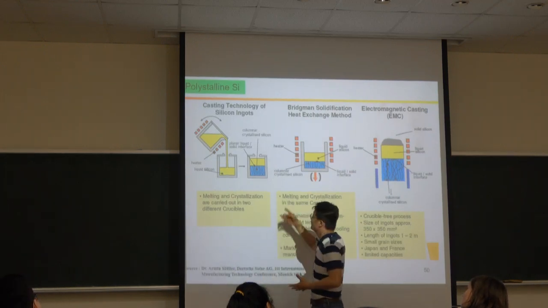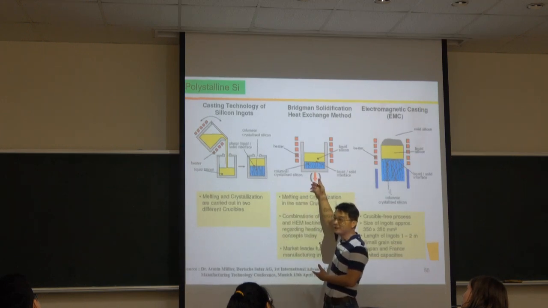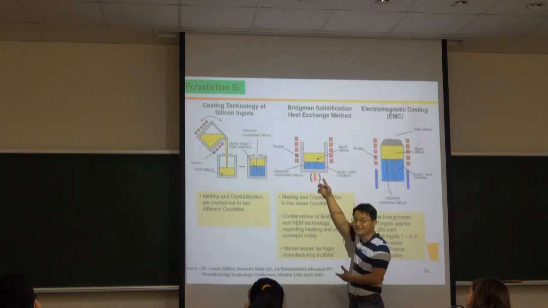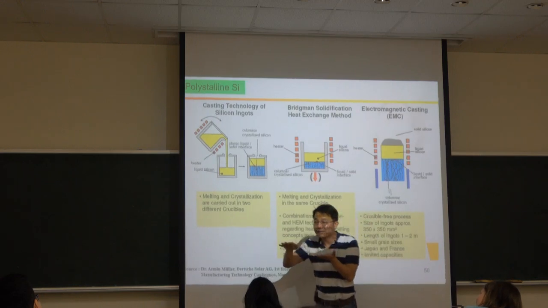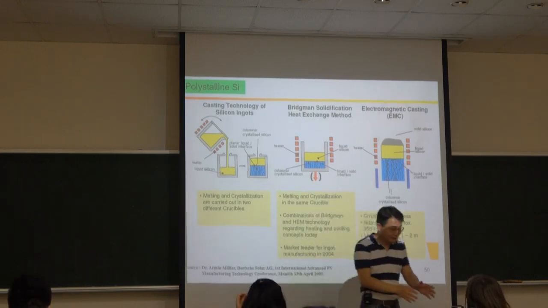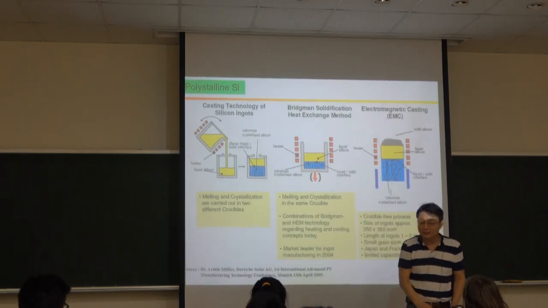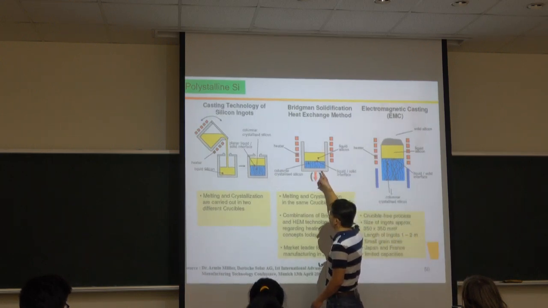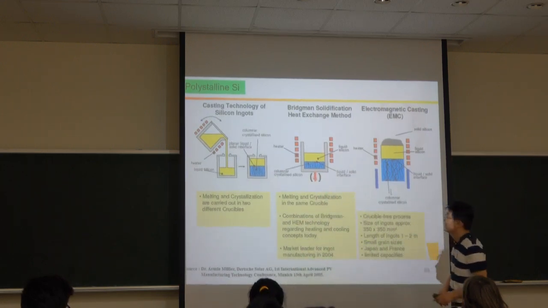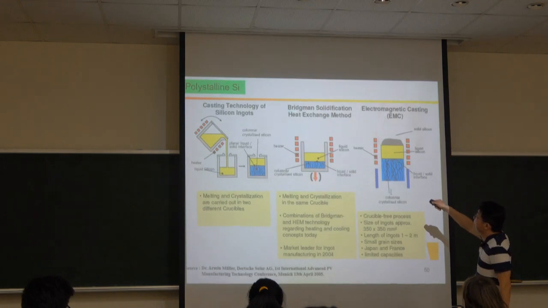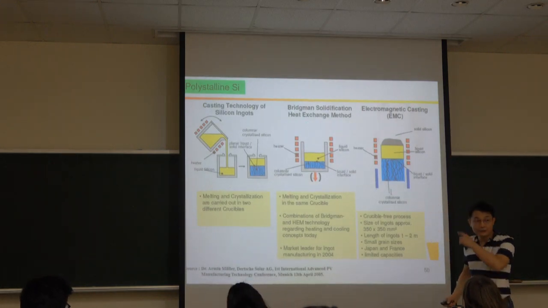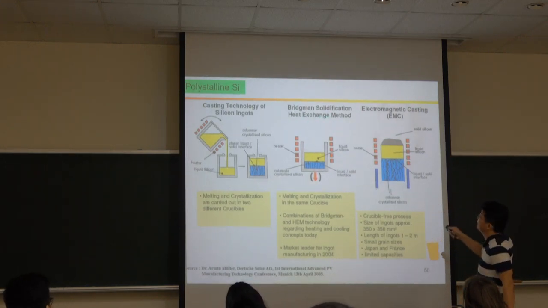Very easy. You just increase the size, because for the same area you have to cut. For example, you increase the size. Here, this is the Bridgman process. Let me just show you the video. The Bridgman process: solidification, heat exchange method.